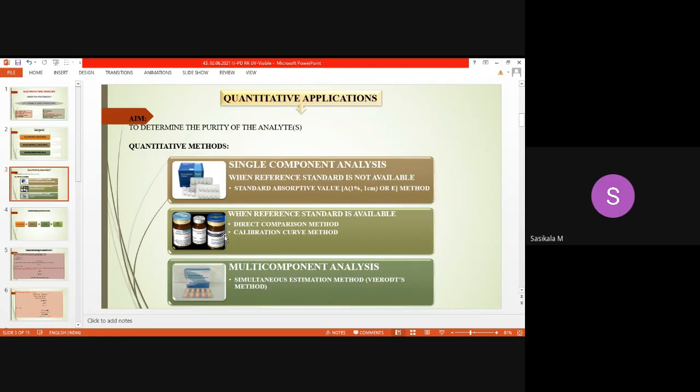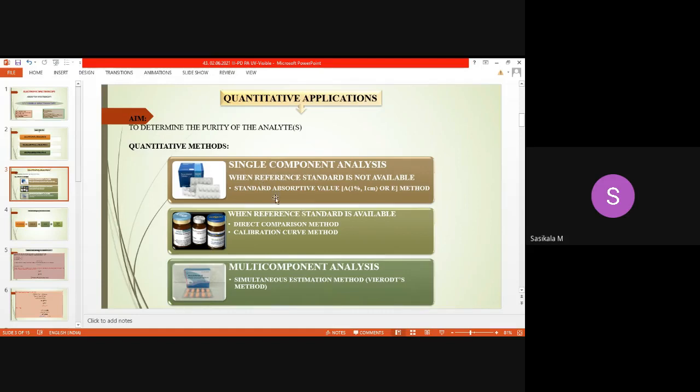That will be discussed in the practicals, how you need to calculate the quantity of drug substance actually present in the formulation from the concentration you determine after performing the experiment. From the experimental value, how you calculate quantity and purity will be discussed during the practicals. Now you have to understand what the methods are and what the concept behind each method is.